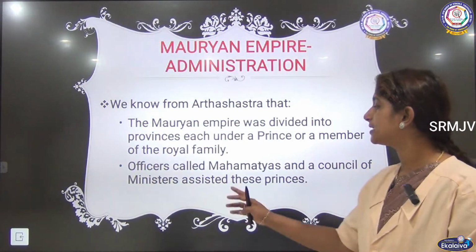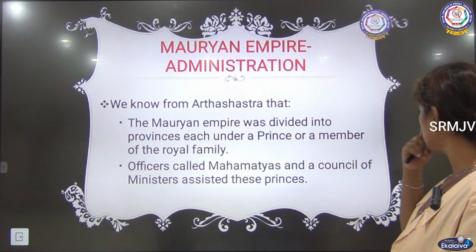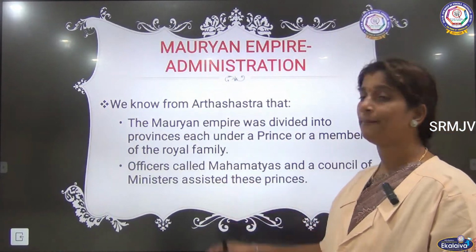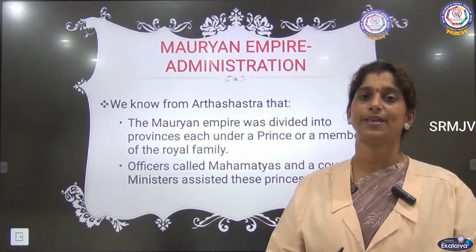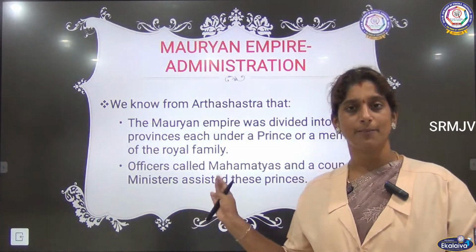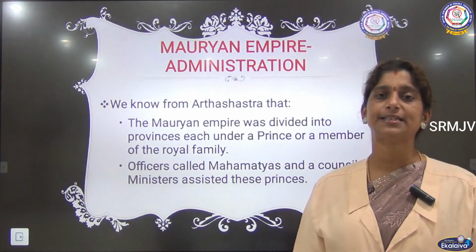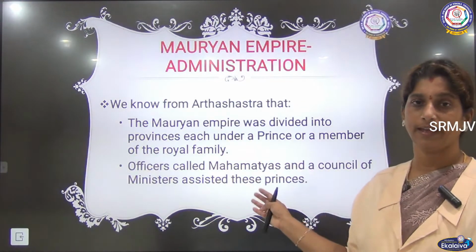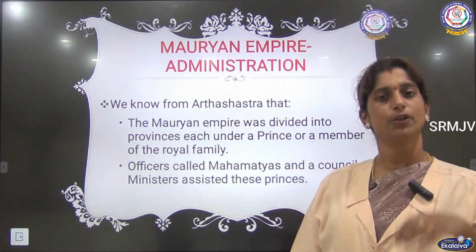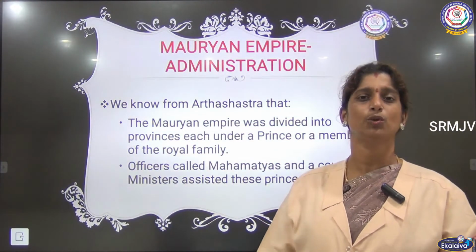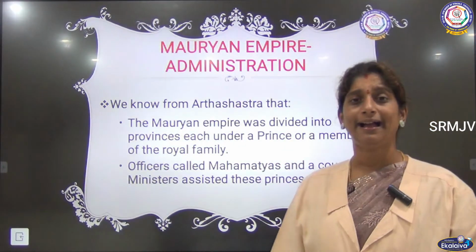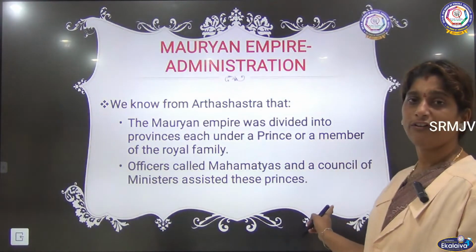Officers called Mahamatyas and a council of ministers assisted these princes. We saw that Dhamma Mahamatyas were spreading the message of Dhamma throughout the empire. In the same way, Mahamatyas were important officers, and governors also helped the royal family member.